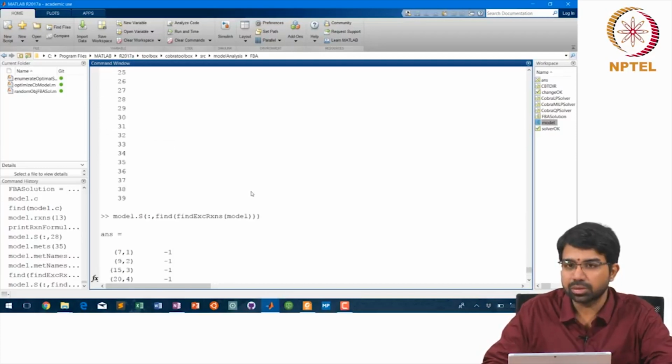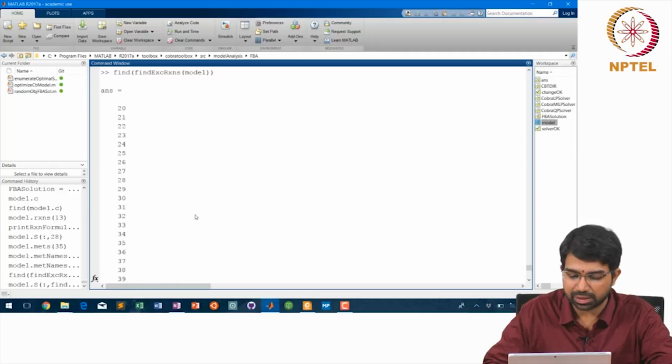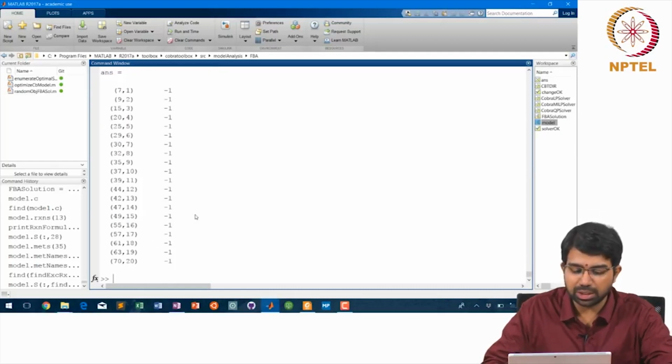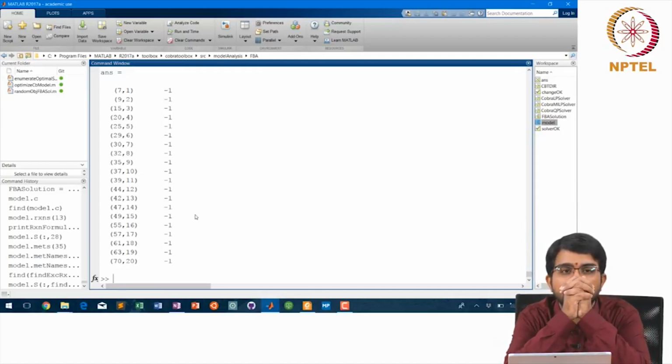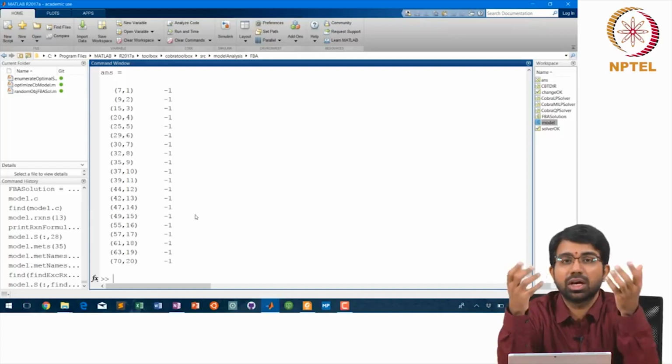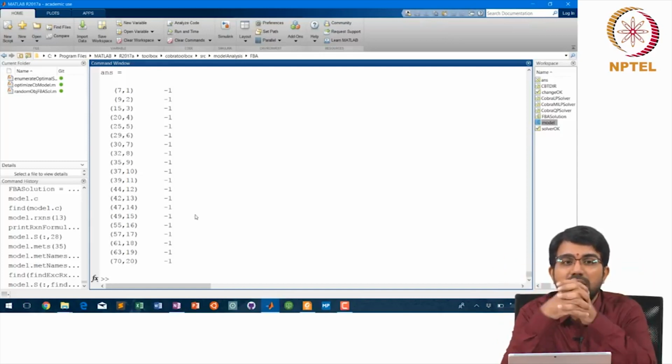So, we studied a few concepts here. We looked at find exchange reactions and we also looked at print reaction formula. Let us say you want to change the growth substrate now. How do you change it? Suppose I want to see how E. coli grows on acetate. I want to substitute glucose with acetate.